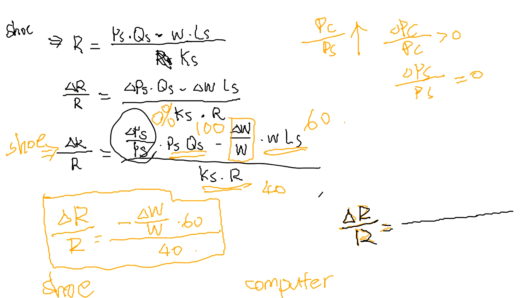That's equal to 10% times 100 over 50 minus the change in wage times this, right? So this is in the computer sector, and this is in the shoe sector.